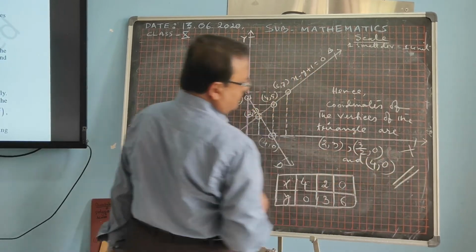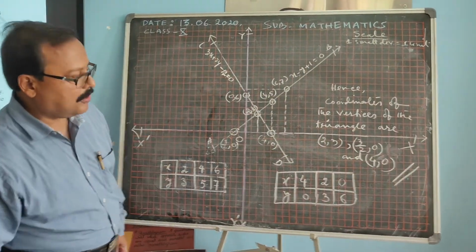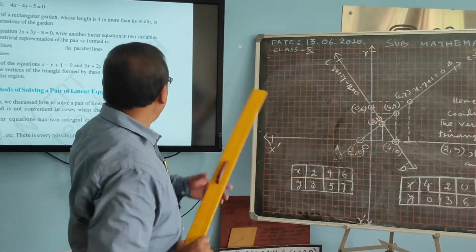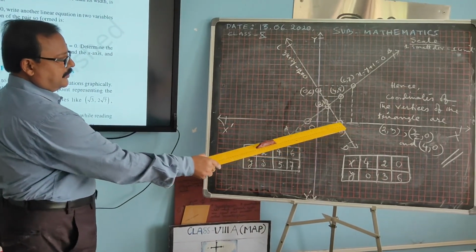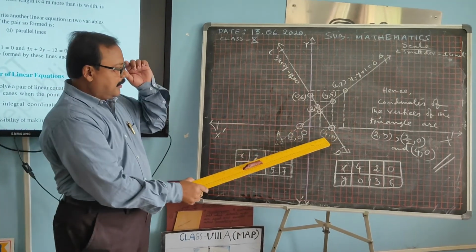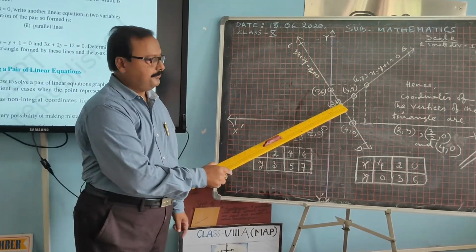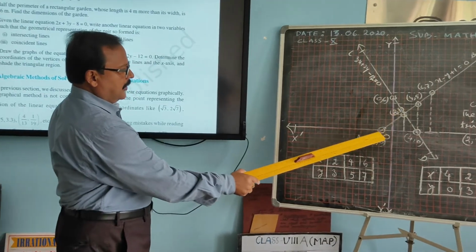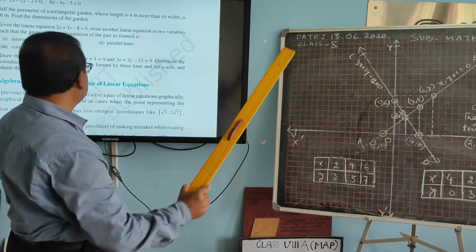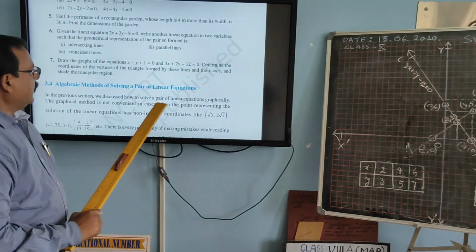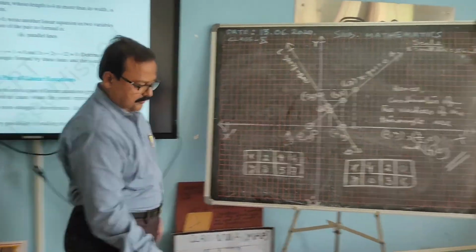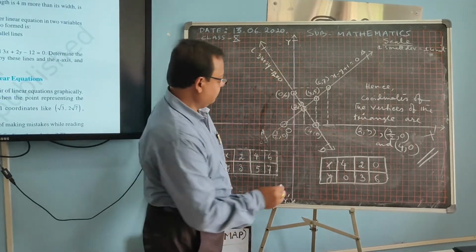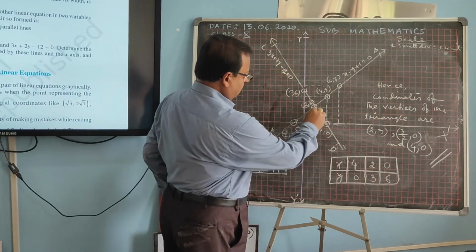These are the coordinates of the vertices of the triangle formed by the x-axis as well as the other point. And shade the triangular region, and you also shade this triangular region, okay, like that, shade.